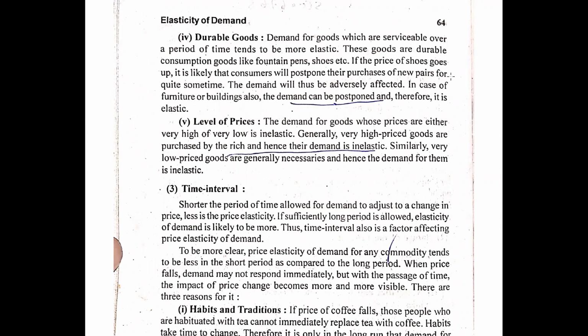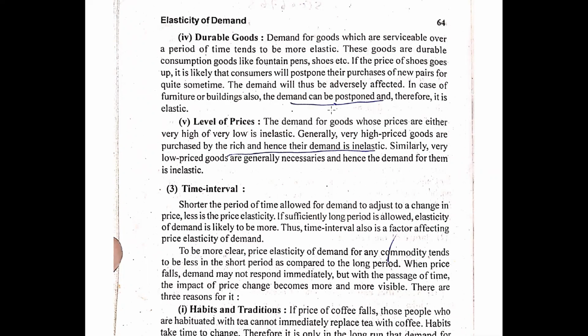If the price of shoes goes up, it is likely that customers will postpone their purchase of a new pair for quite some time. The demand will thus be adversely affected. In the case of furniture or buildings also, the demand can be postponed and therefore it is elastic. So guys, you need to understand how durable goods are quite elastic compared to other goods.